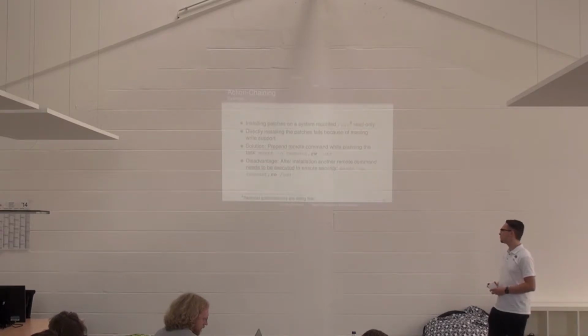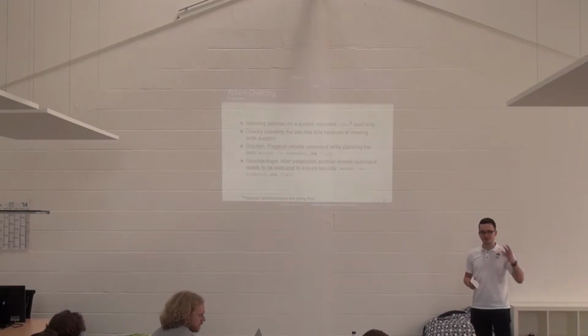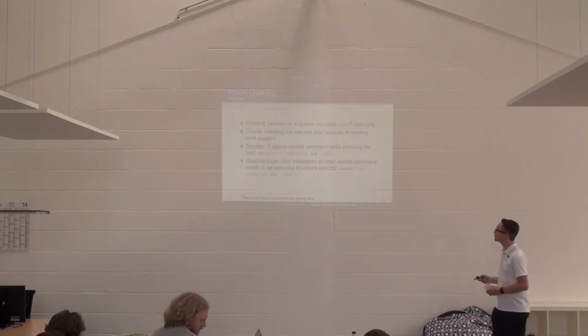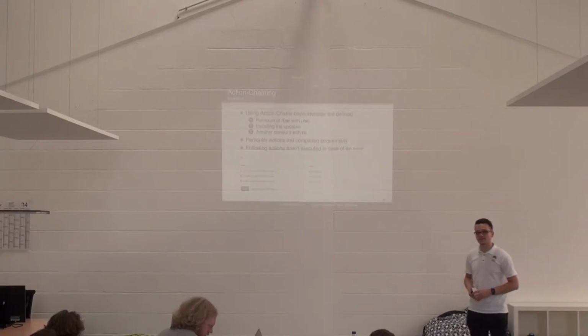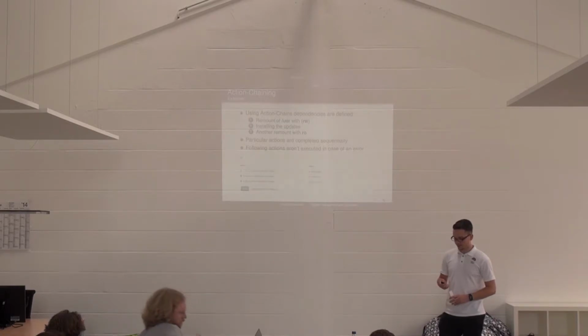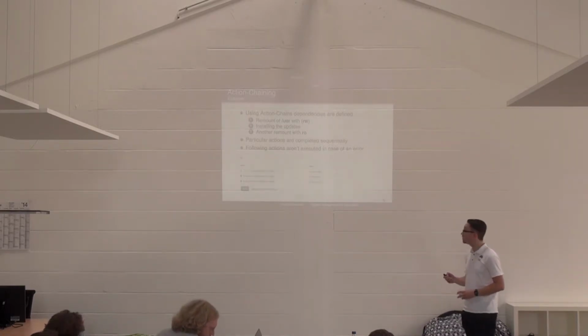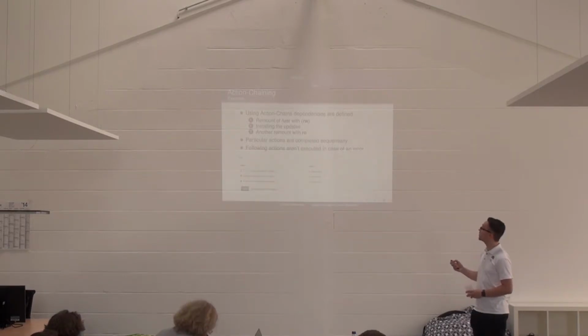But that's not a good solution because you have to remember that you will now install patches and you need to execute the commands. And action chaining is great here because it defines dependencies. So to do the same patch using action chaining, you only need to define 3 scripts. The first does the remount for /usr as read-write.